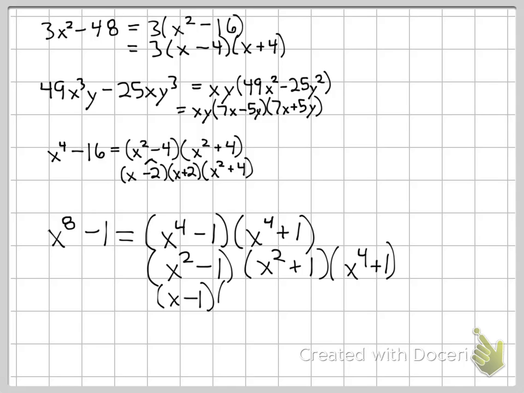X minus 1, x plus 1, x squared plus 1, x to the fourth plus 1. We look now, there's nothing left that is squares and subtraction. Finished. It's factored down. Who would have guessed that x to the 8th minus 1, something that looks so simple, could factor down to be 4 terms? 2 with just x's, 1 with an x squared, and 1 with an x fourth. But that is the beauty of difference of squares.